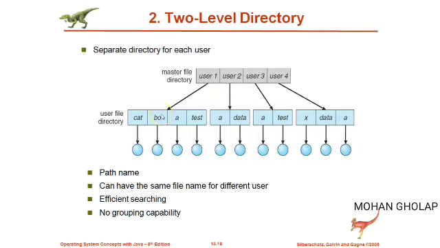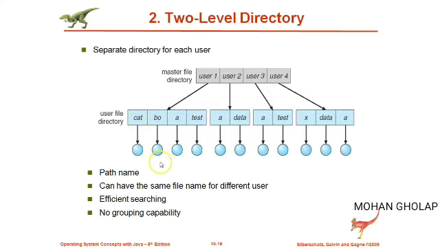The grouping problem is also solved here, because it is possible to have groups of files pertaining to a particular user. But when we have this two level directory, whenever you want to access a file, only the file name is not sufficient.